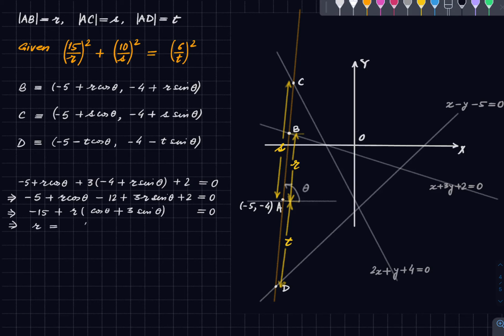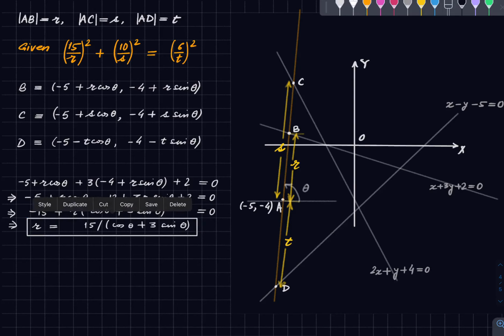So r is 15 by cos theta plus 3 sin theta. Yep. So let me box it out. We have this.